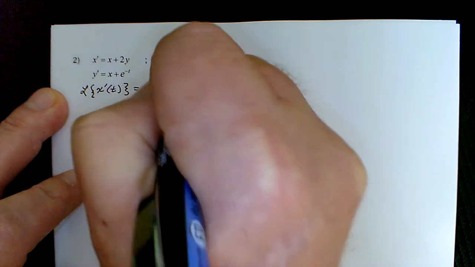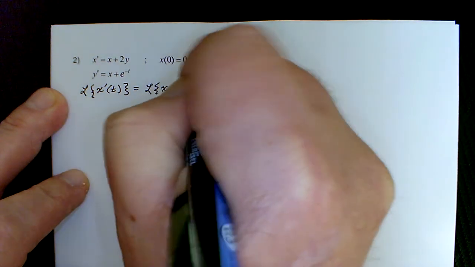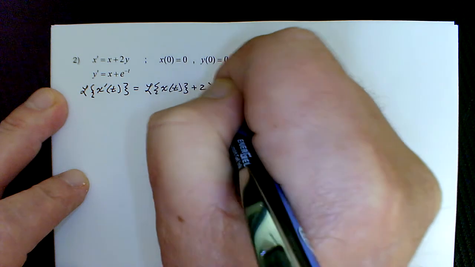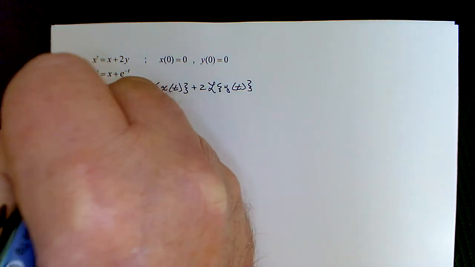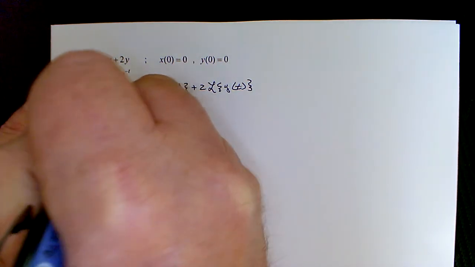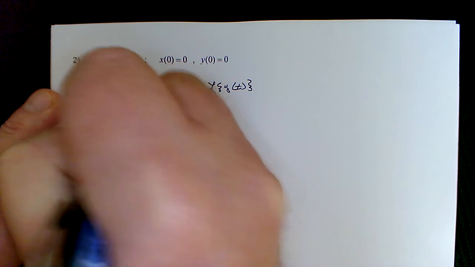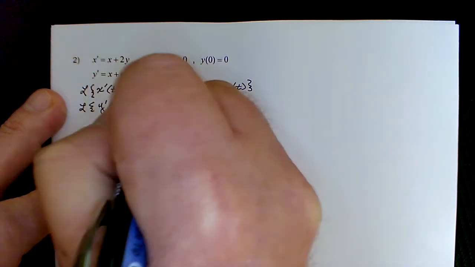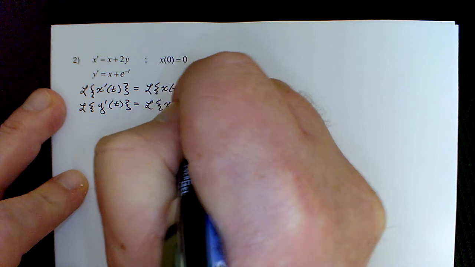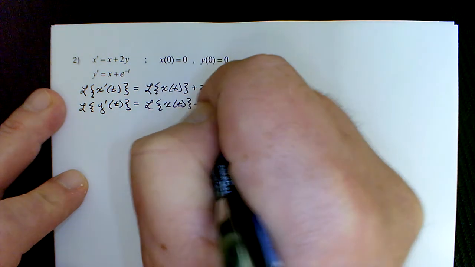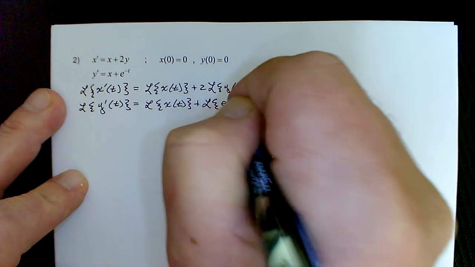So the Laplace of x prime of t would be the Laplace of x of t, and then plus 2 times the Laplace of y of t. And then we have the second equation, Laplace of y prime of t is equal to the Laplace of x of t, and then plus the Laplace of e to the negative t.